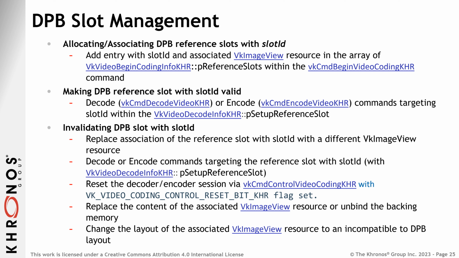After the decoding or encoding operation has been successfully executed by the video queue, the DPB slot index and its associated image become a valid reference that the application may use with the following frames.